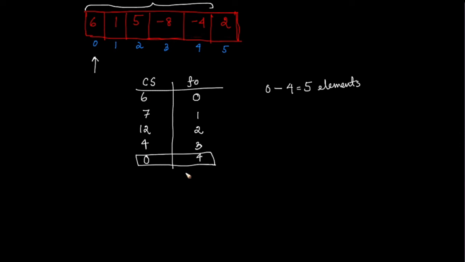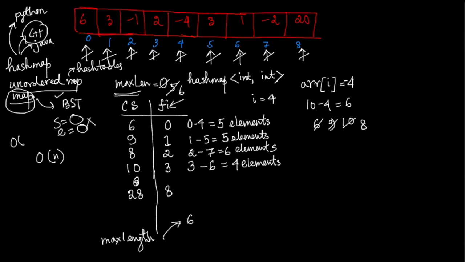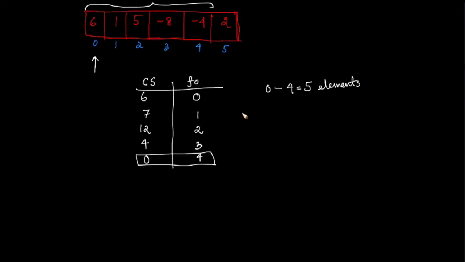So this is the kind of edge case. The improvisation on the previous problem is this: in the previous case, whenever we found the cumulative sum, we blindly pushed it into the hash map along with the first index at which it occurred. But this time you cannot blindly push the cumulative sum into the hash map.